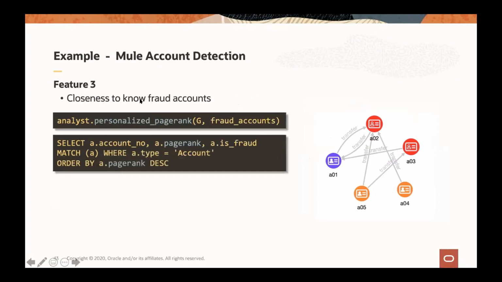And also, we might be able to use the personalized PageRank algorithm to find whether those accounts are close to the known mule accounts, because this algorithm can find the closeness between those accounts.